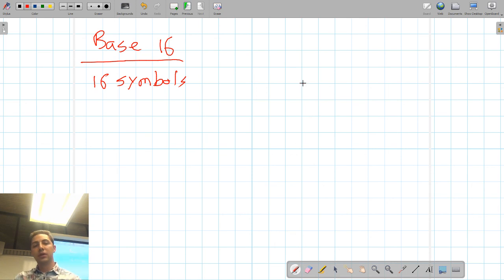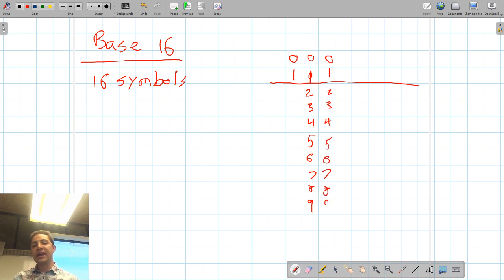Base 2 is a subset of the base 10 symbols, right? They use the same numbers. Base 16 uses the same numbers, 0, 1, 2, 3, 4, 5, 6, 7, 8, 9.